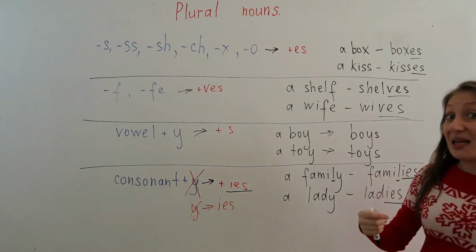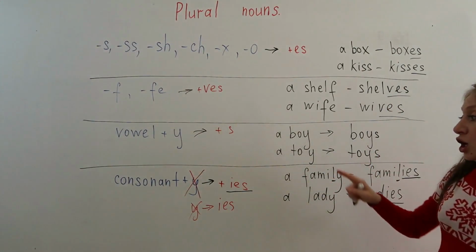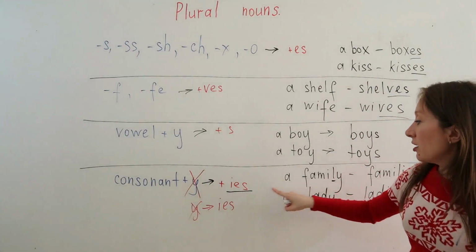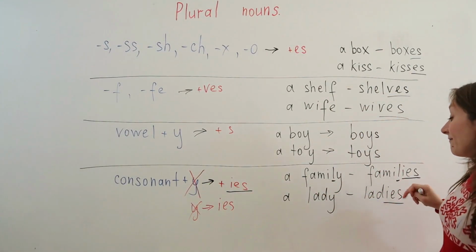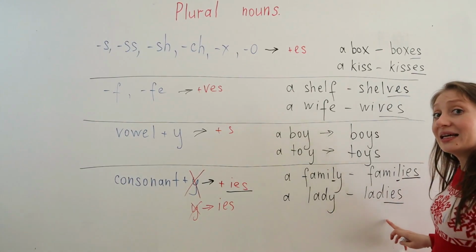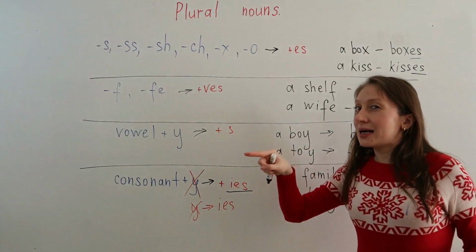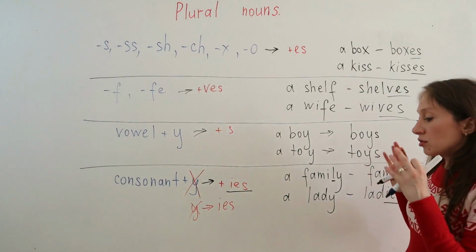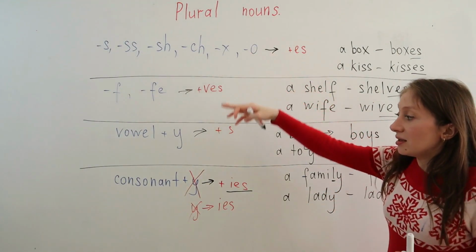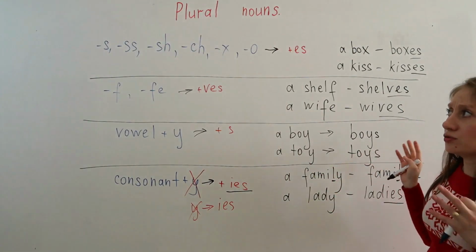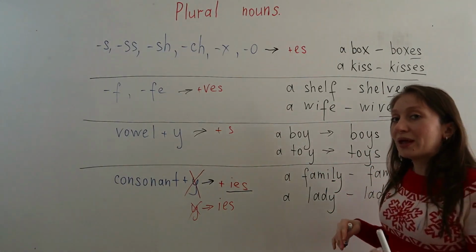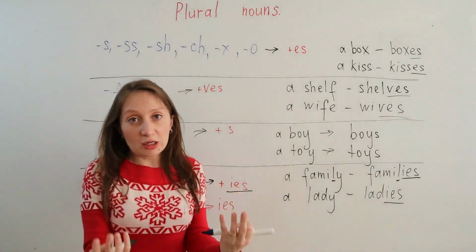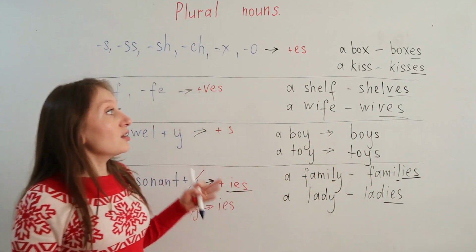There are words like play, plays, right? Consonant, the letter y, for example, family, families, lady, ladies, sky, skies, right? So try to memorize these rules and try to practice with them. So maybe you will have some tasks that you can check yourself, right?